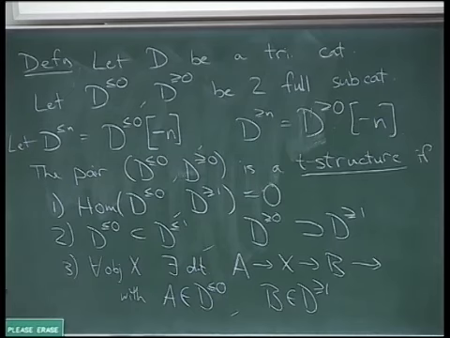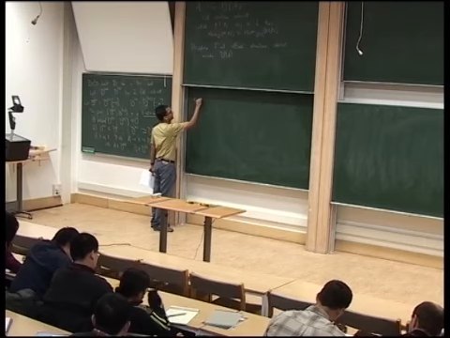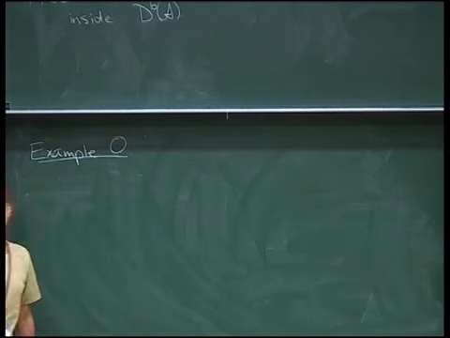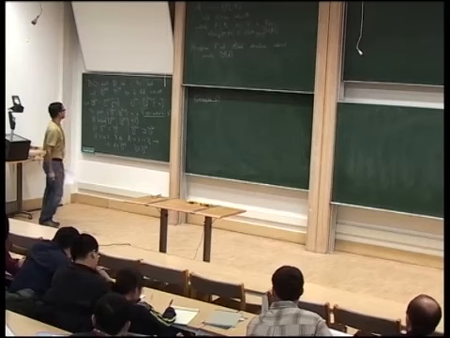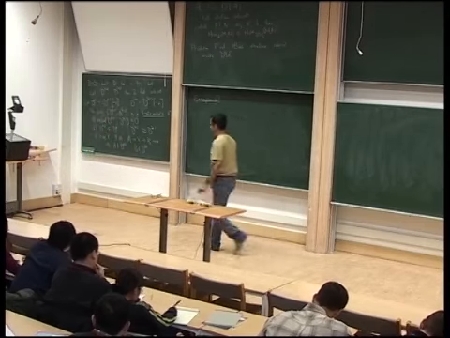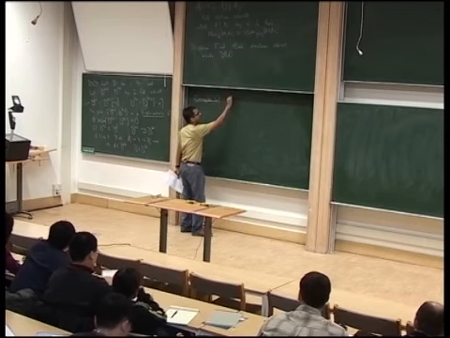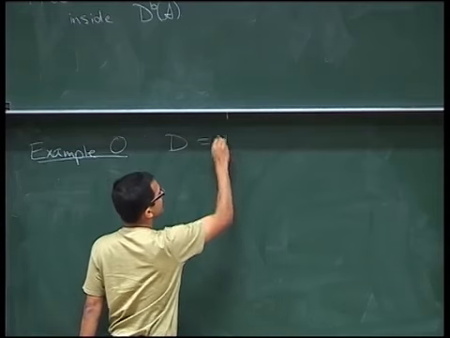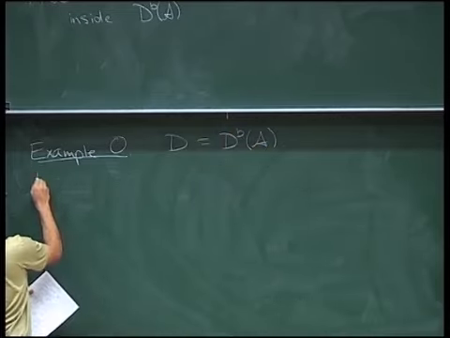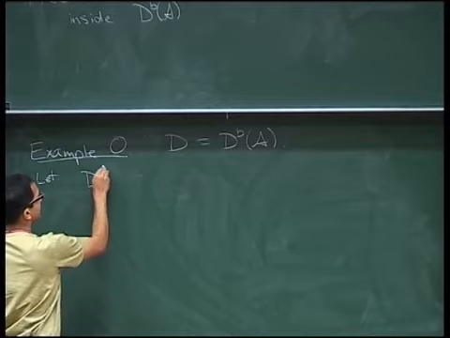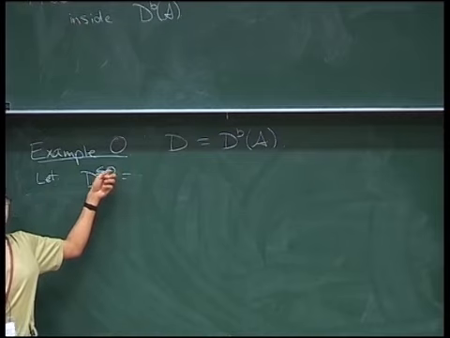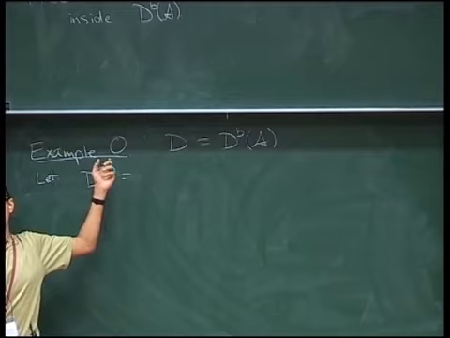So here's an example. I guess I'll call this example 0. This is the motivation for this definition: every derived category comes with an obvious t-structure, and here's how that works. So let's take D to be the bounded derived category of an abelian category, and then let D less than or equal to 0 be... What we're going to do is interpret these superscript inequalities as telling you where you're allowed to have cohomology.